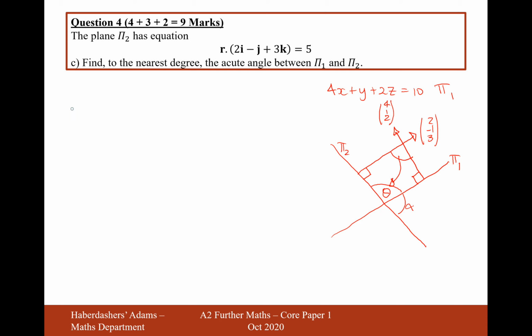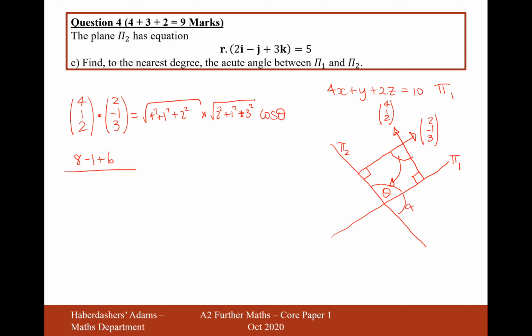So let's use the dot product rule. It's going to be (4, 1, 2) dotted with (2, -1, 3) equals the modulus of the square root of 4 squared plus 1 squared plus 2 squared, times the square root of 2 squared plus 1 squared plus 3 squared, cos theta. So the dot product here is going to be 8 minus 1 plus 6, and then we'll divide by these square roots.